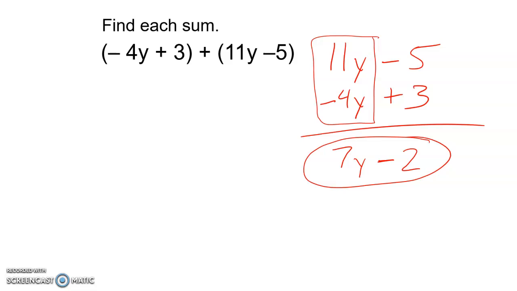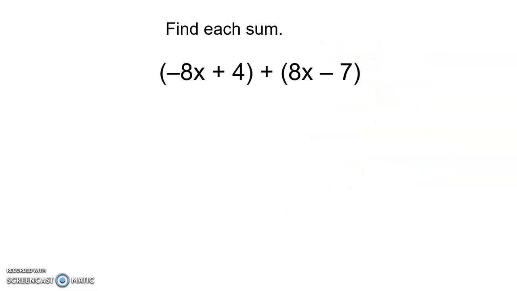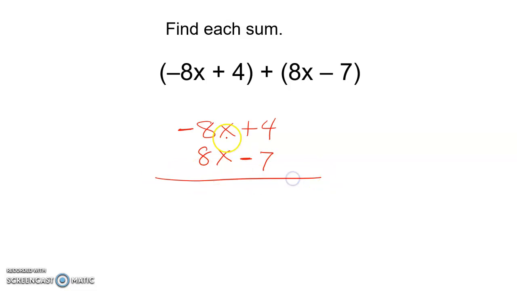All right, let's try the next one. Go ahead and try that one. Stack them. Again, it doesn't matter which one you put on top. So a negative 8x and a positive 8x, those cancel each other out.